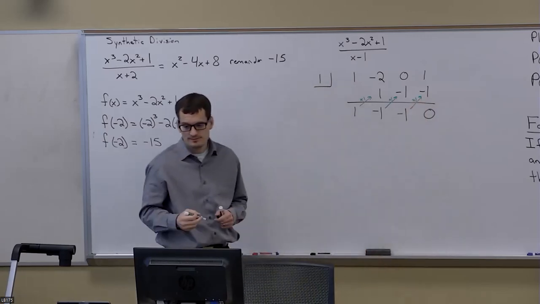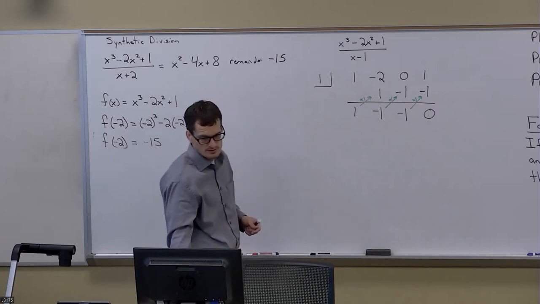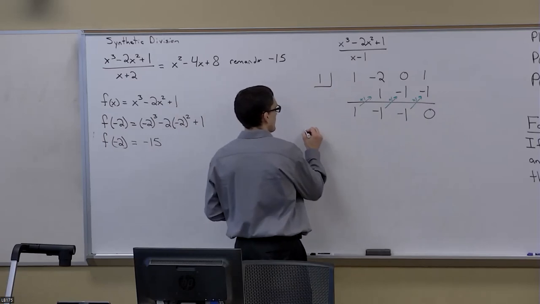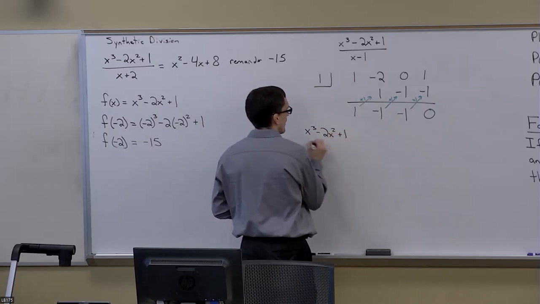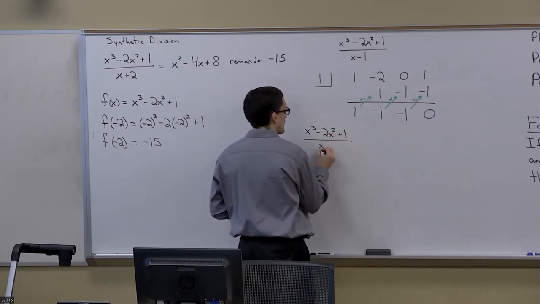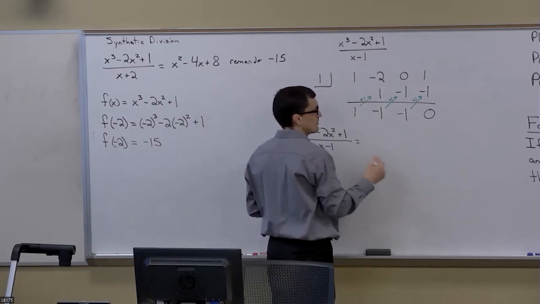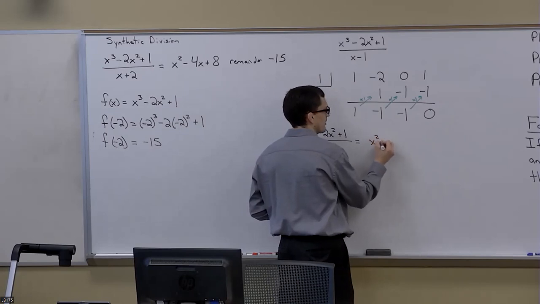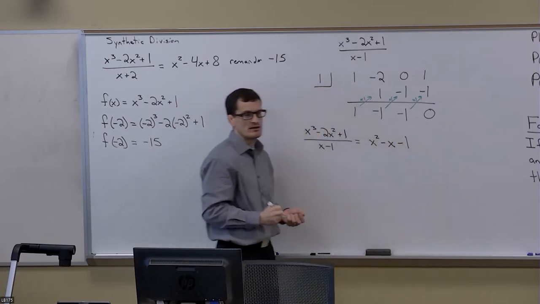Right? And so this means that, and again, you can write this two different ways, that if we divide by x minus 1, we get a polynomial with no remainder. Specifically, we get x squared minus x minus 1.